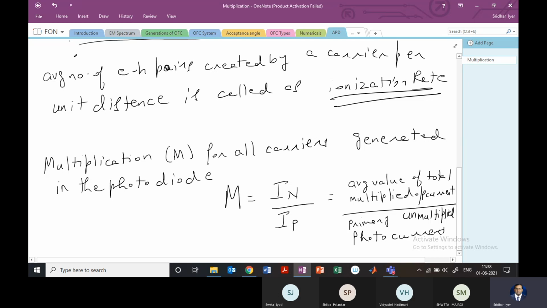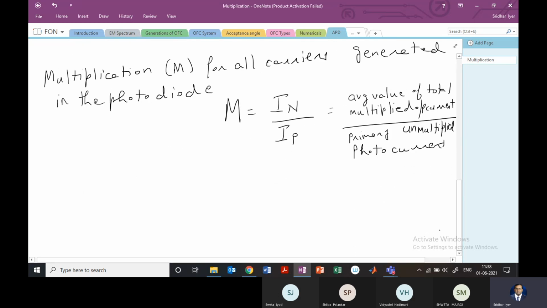So this M is going to be an integer value, and it is the ratio of the multiplied current divided by the unmultiplied current, right?